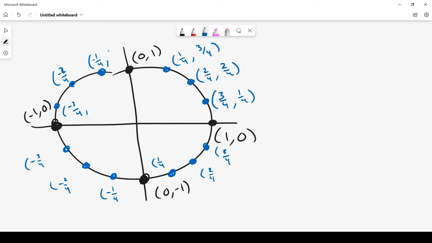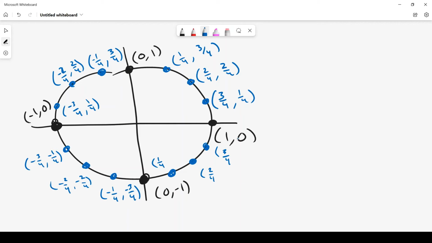Subtract a quarter, that gives me from 1 to 3/4. Subtract a quarter, down to 2/4. Subtract a quarter, down to 1/4. Subtract a quarter, I'm at 0. From 0, I'm going to -1. So from 0, I subtract a quarter, which gives me -1/4. Subtract a quarter, -2/4. Subtract a quarter, -3/4. Subtract a quarter, I'm back at -1.